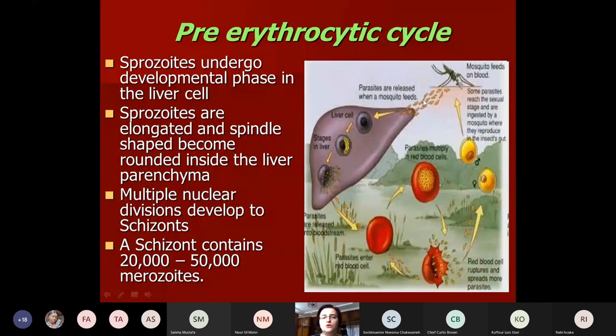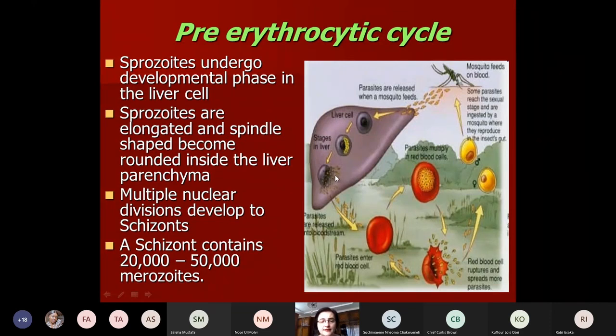Sporozoites undergo a developmental phase in the liver cell. You see, all sporozoites quickly move with the blood to the liver. Sporozoites are elongated and spindle shaped, and become rounded inside the liver parenchyma. Multiple nuclear divisions develop it into a schizont.